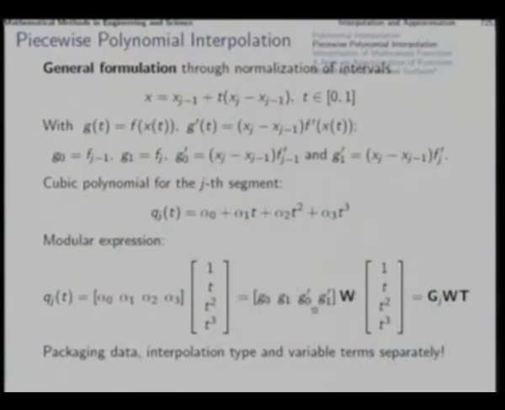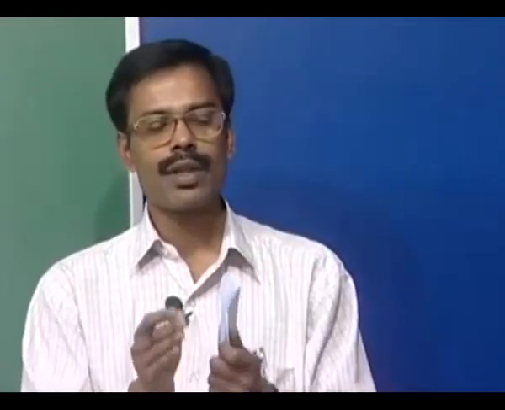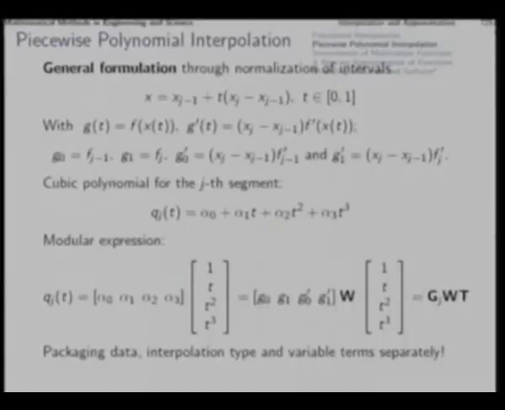Now, with this representation, we can write for the jth segment Gj into W into T. This way we have packaged the data, interpolation type and variable terms separately. That means, Gj, this vector, has nothing other than the items of data. This W has just constant numbers which reflect the type of interpolation that we have decided upon, that is in this case piecewise cubic, the cubic Hermite taking function values and derivative values at both the ends of the subinterval.